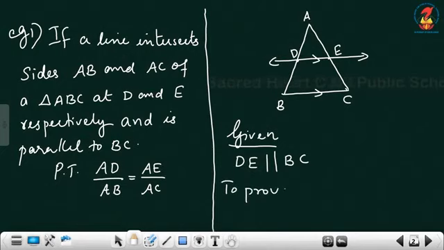To prove, AD by AB is equal to AE by AC.